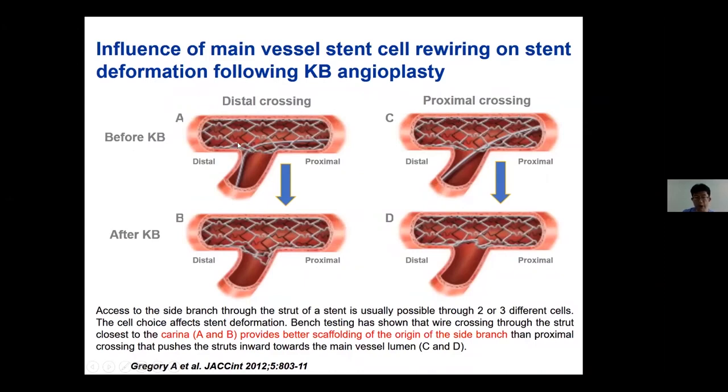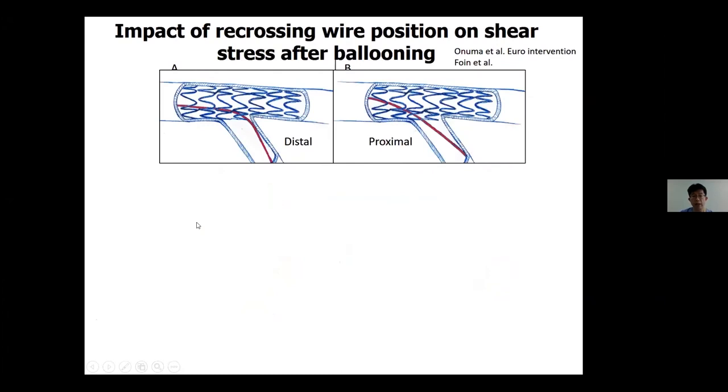As you can see, after balloon dilatation with KBI, there is good scaffolding of the circumflex ostium. But if the wire crosses at the proximal point, there is no good scaffolding of the ostium of the circumflex. So the carina provides better scaffolding of the origin of the side branch, as in the left panel. It's a very important thing.